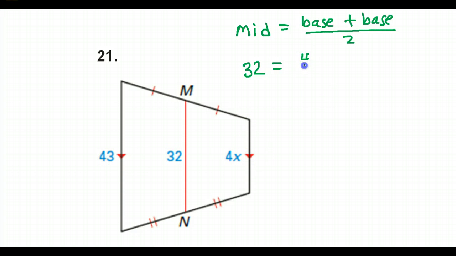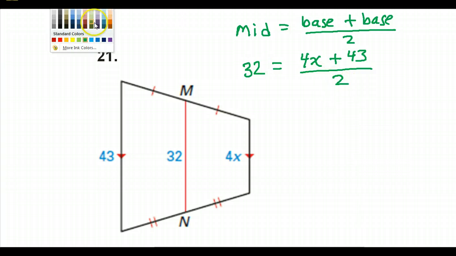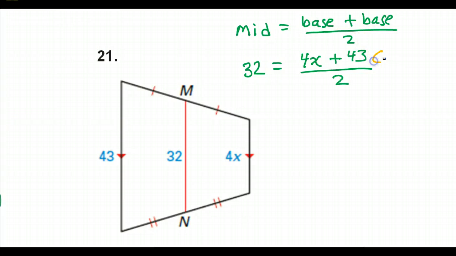So that's going to be 4x plus 43 divided by 2. It's just a matter of how do I solve this. When I see a denominator, my first instinct is to multiply by the denominator. So let's try multiplying by 2 on both sides. See how far that gets us.